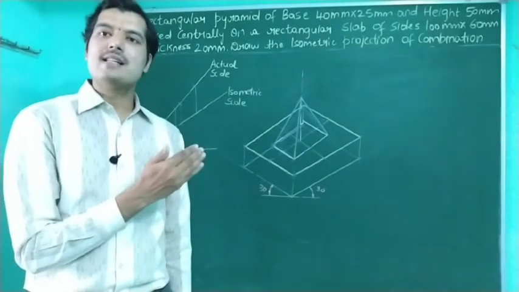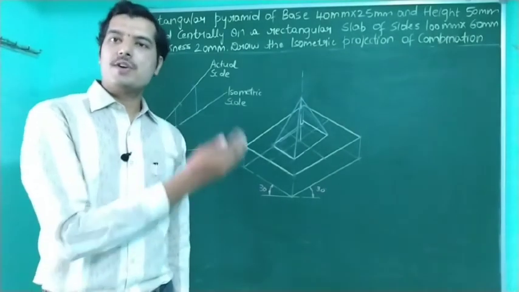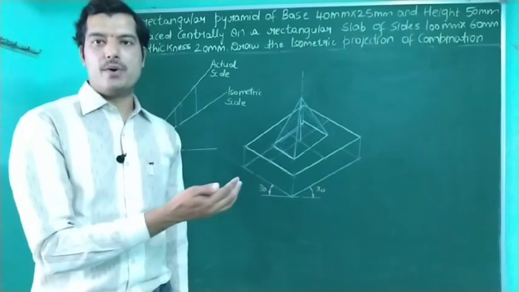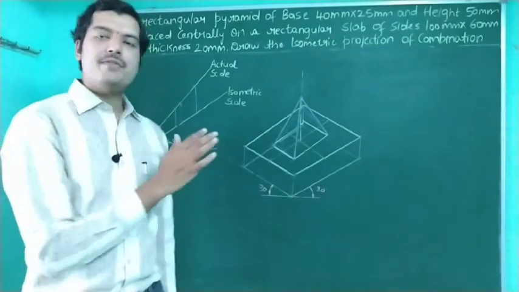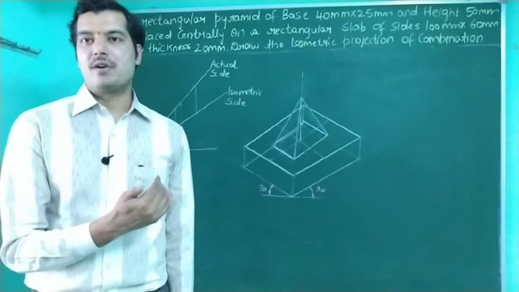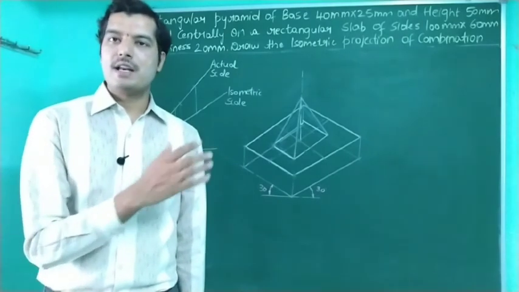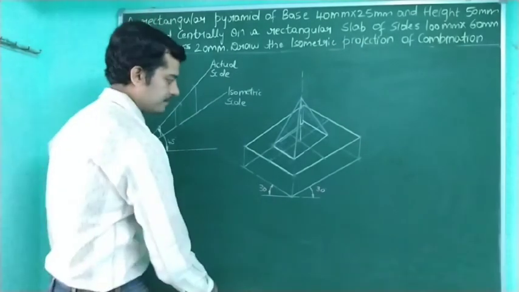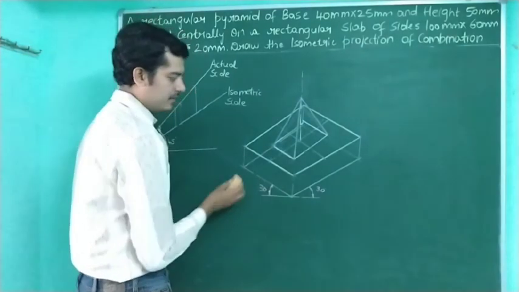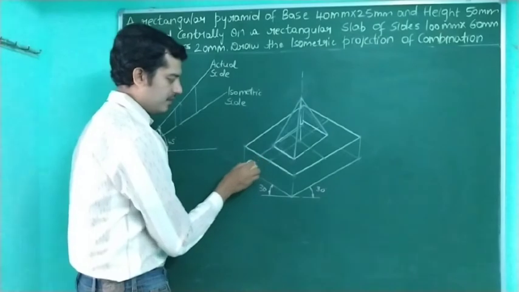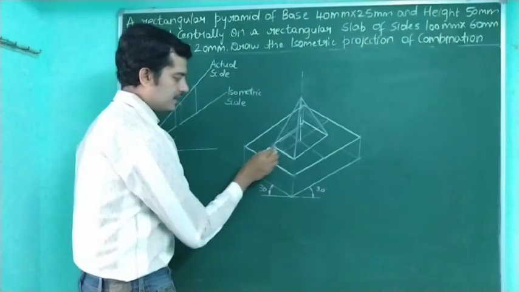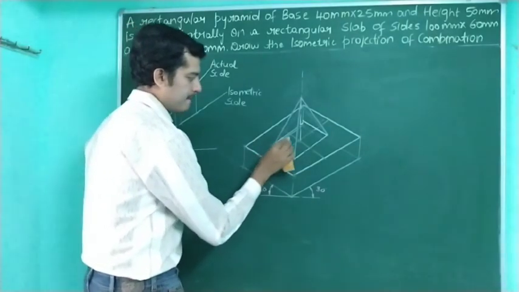Keeping this in mind, let me go for the orthographic projection towards the side of the board. Let me go for the rectification, the last portion in the isometric drawing. The invisible lines should not be shown here. Let us remove everything. Coming to the base part of the rectangular slab, this forms the invisible portion. It is not visible, so let us remove it.